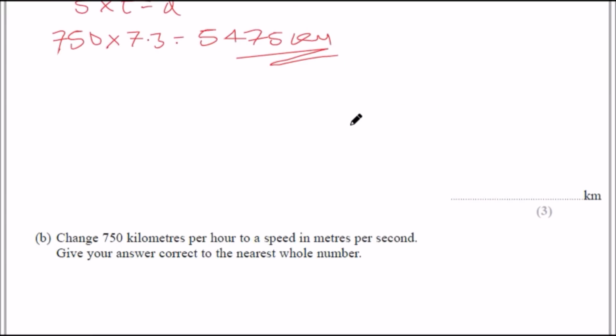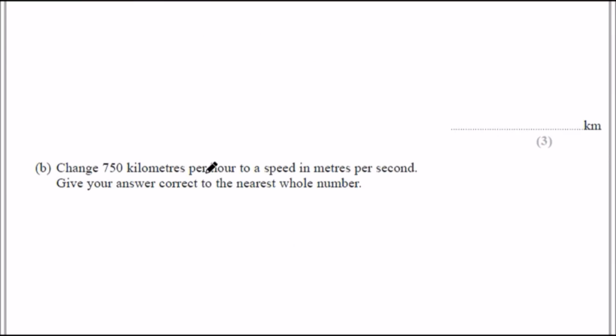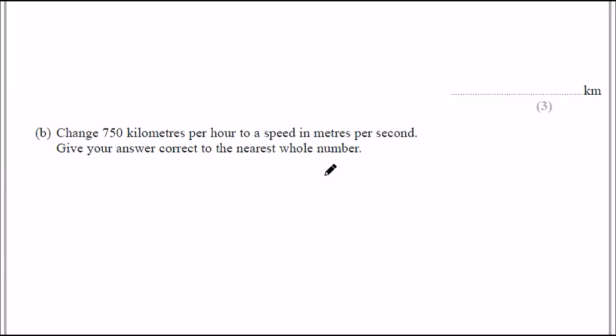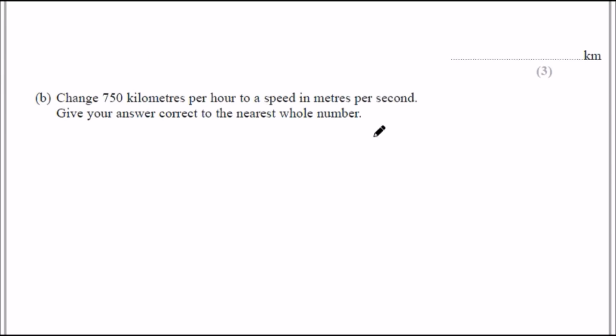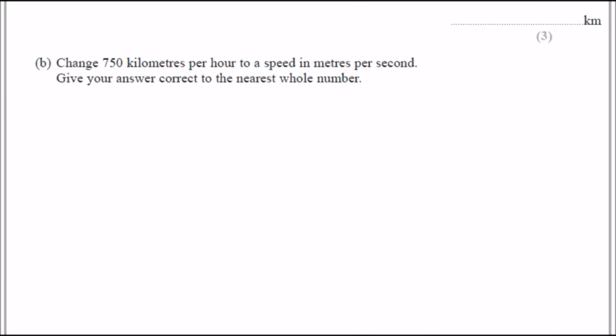Now B, change 750 kilometers per hour to a speed in meters per second. Give your answer correct to the nearest whole number. Okay, so to change to meters per second, let's just rewrite it. So we got 750 kilometers per hour.